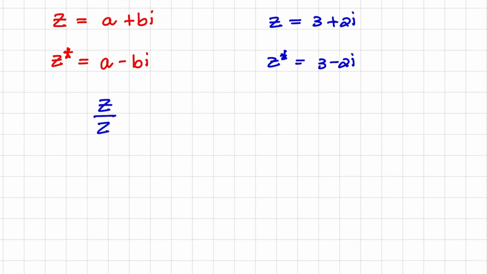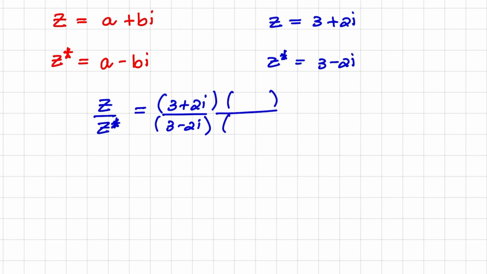So let us again look at our practical example. Here we have z divided by its conjugate, and that will be 3 plus 2i divided by 3 minus 2i. And in order to simplify this fraction, I would multiply both the numerator and denominator by the conjugate of the denominator. So that is 3 plus 2i.